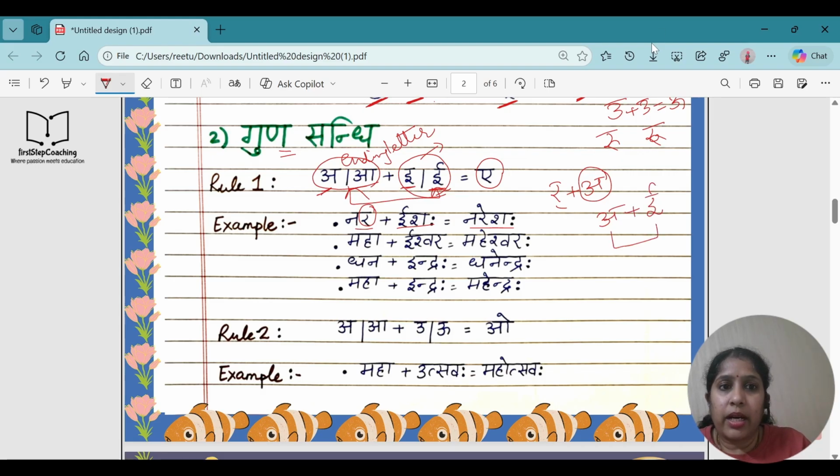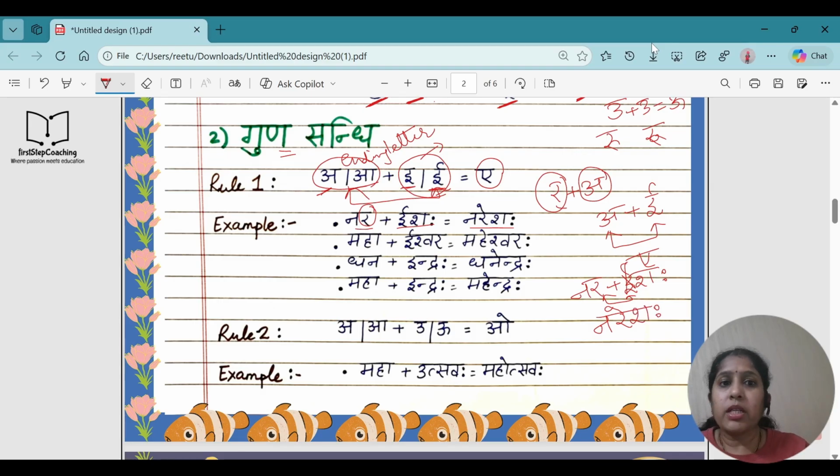And we know that when A and E meet together, they make Chota E. Correct. So now the chota E is added to the last letter, the last vyanjan, of the first word. Now if you just see, it was nar plus ishaha. Now what will happen if you join nar and a plus e should become e, and that e will get joined here on ra, and this will get destroyed, and then we will be having shah.